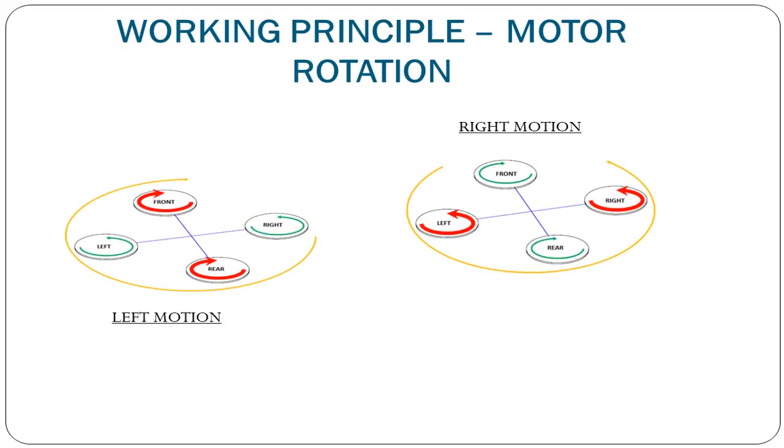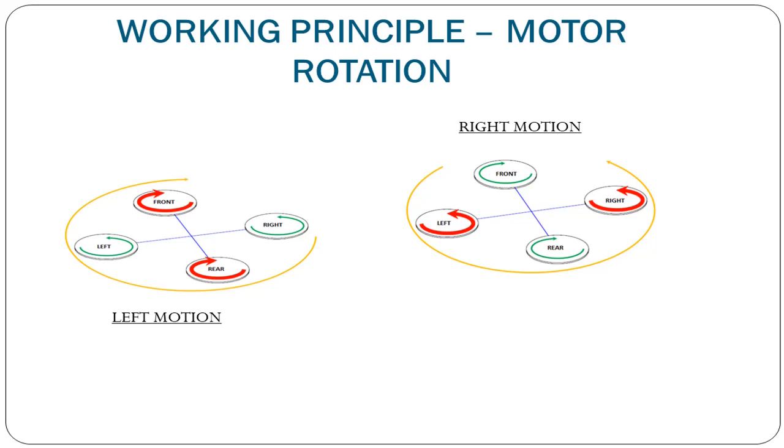And for rotation, if the quadcopter wants to move in the left direction, then the right and left propellers must rotate slower than the front and rear propellers.